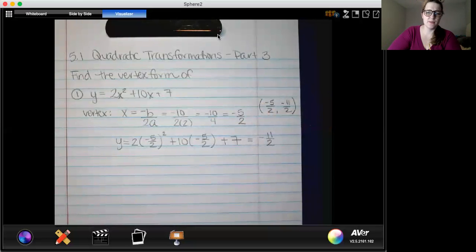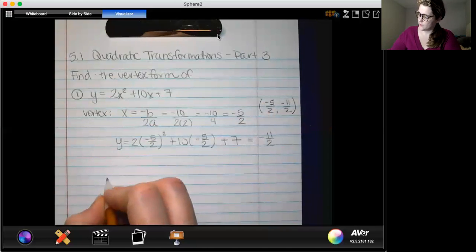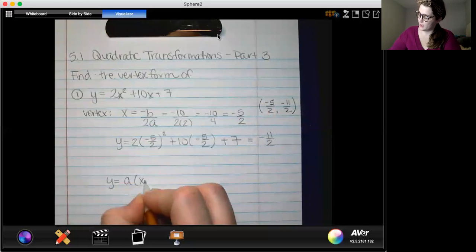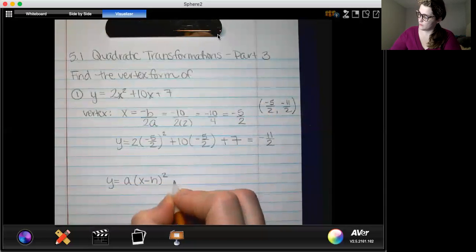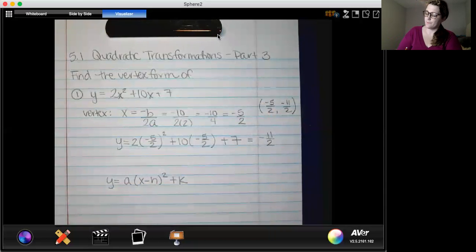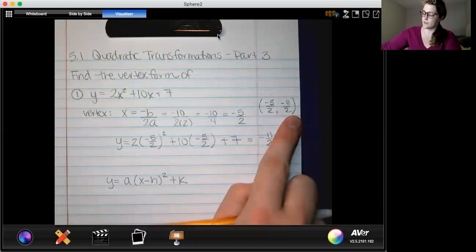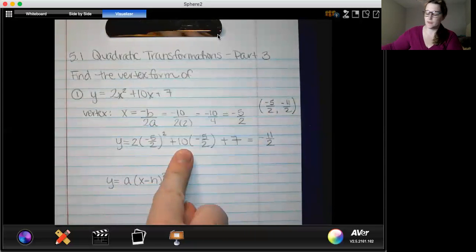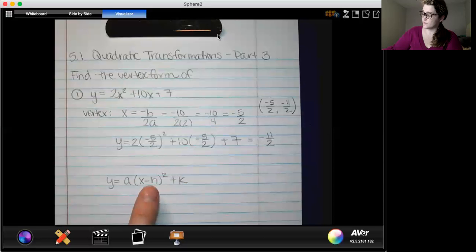What else do I need to be able to write my vertex form? Well, let's think about what my vertex form is. Vertex form is y equals a times x minus h squared plus k. Remember, when it's in standard form, we refer to it as x and y, but when it's in vertex form, we refer to it as h and k.